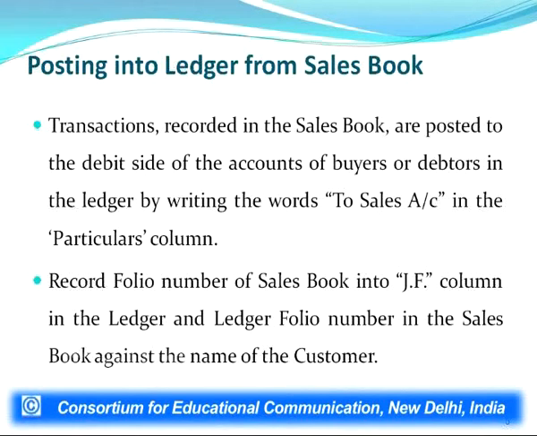All postings will be made into the customer's account on the debit side by writing "To Sales Account" in the particulars column, with the sales book folio number in the JF column, and the ledger folio number recorded in the sales book against the customer's name.